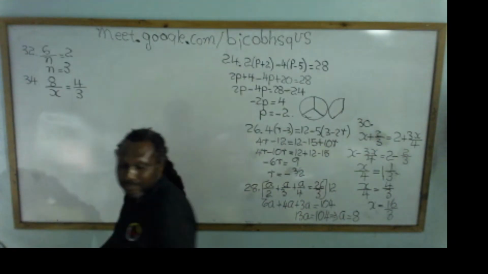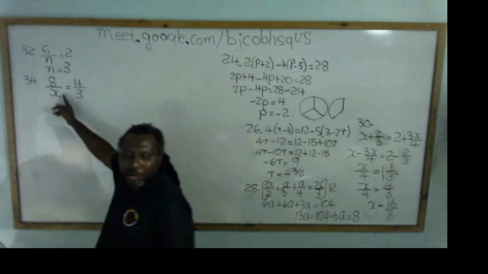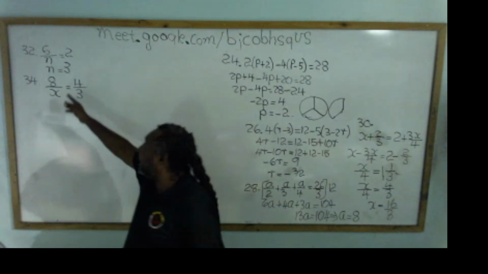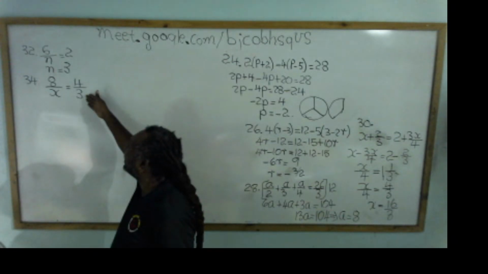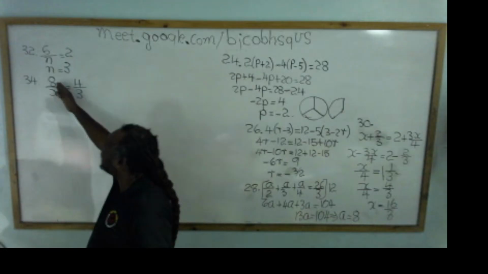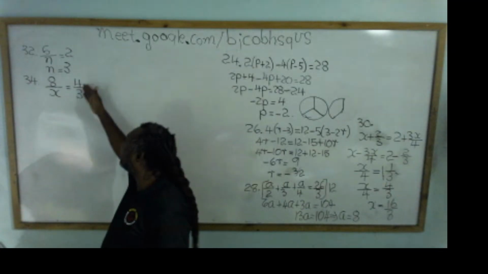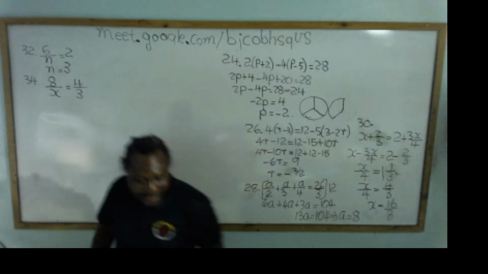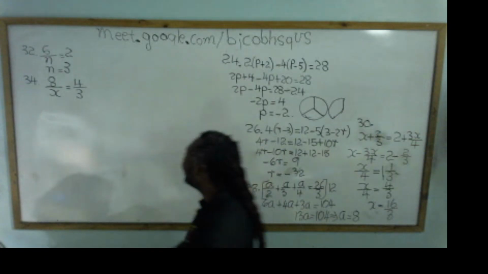You put 8 over a number. After putting 8 over the number, you cancel it down and you get 4 over 3. What is that number that should go here? What's that number? Somebody say 6. Of course, x is equal to 6.